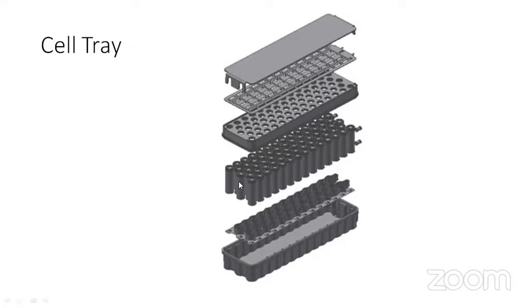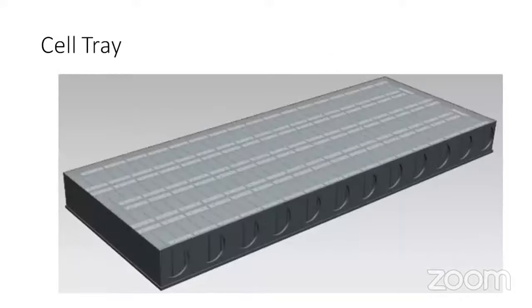We will be putting the cells into that, and then again on the top side there is a cell holder, and then there is a separator, and on top of that we have the bus bar, which will be fixed there. Then on top we have a top cover or top structure, whatever you want to call it; you can rename it as per your convenience. Okay, so that is for the cylindrical cell. For the prismatic cell, you can go with this kind of cell tray.